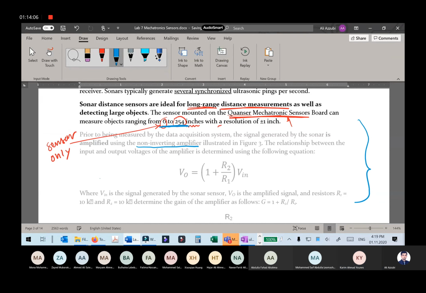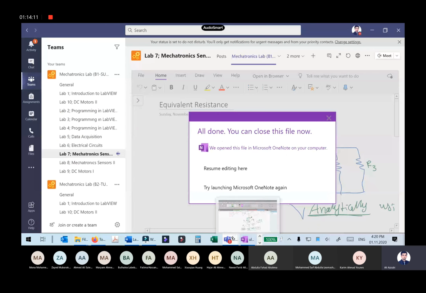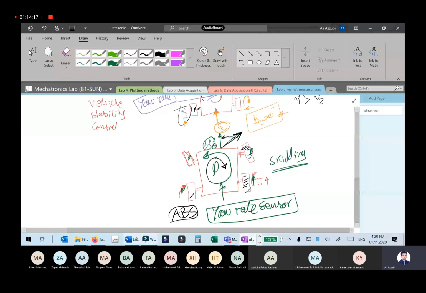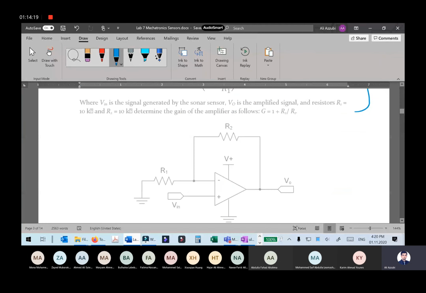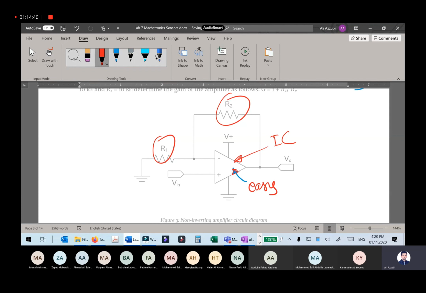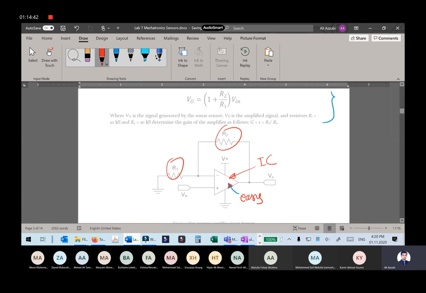So basically it uses a non-inverting amplifier, and this is the circuitry for this non-inverting amplifier. It's very simple, and actually you can build this in lab. I hope you do a real project where you can see that these are very easy to build. You have resistors, and this is just an IC which is available in the market. It's very cheap. So it's really easy to build the circuit.